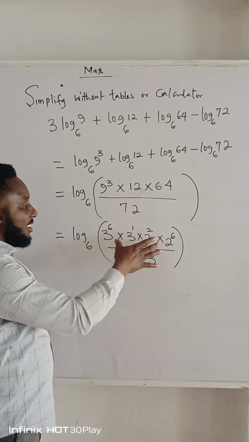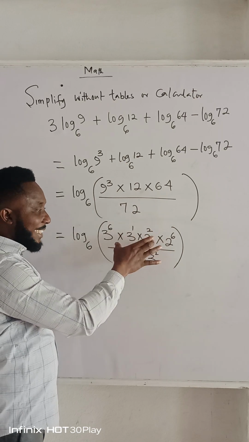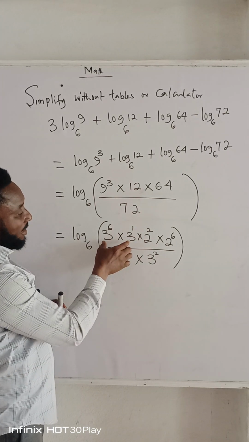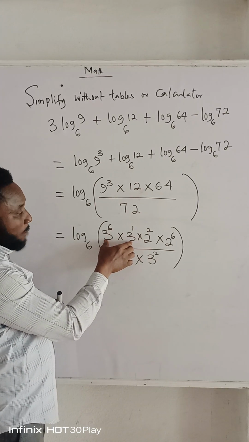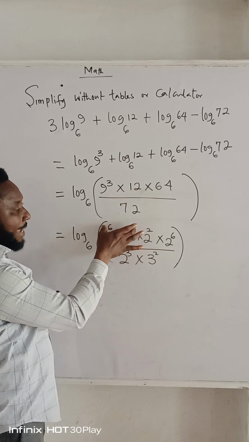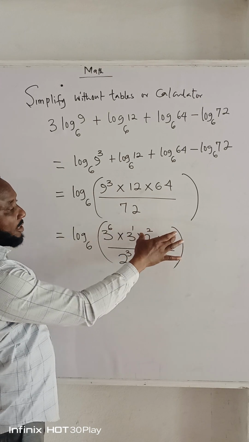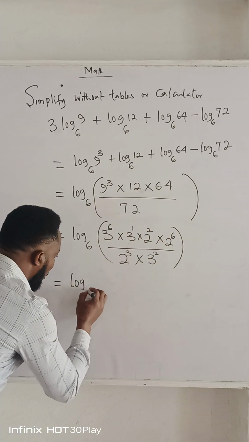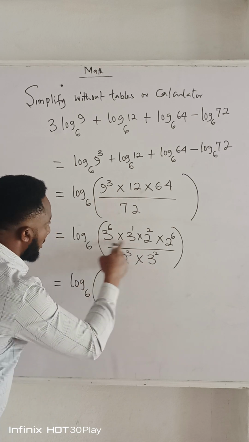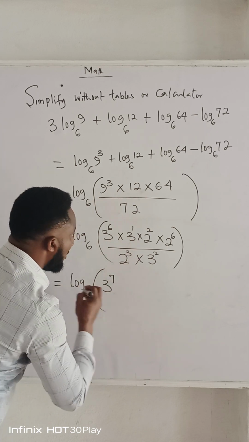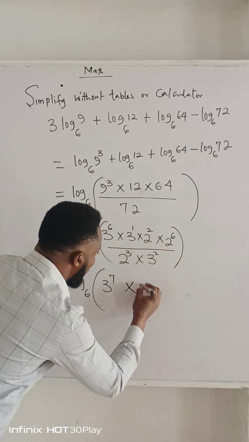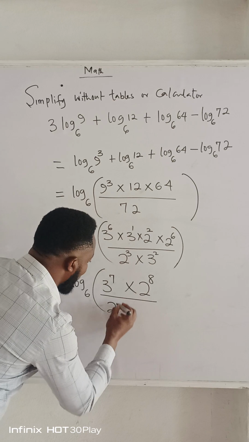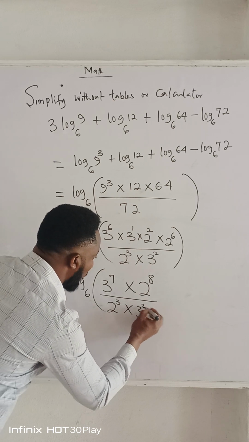What we are going to use here is the multiplication and the quotient rule of indices. As you can see, these two bases of 3 are multiplying each other, so we add the powers of the exponents. The same thing we do for these two guys. So we are going to have log to the base of 6, 3 to the power of 7 times 2 to the power of 8 divided by 2 to the power of 3 times 3 to the power of 2.